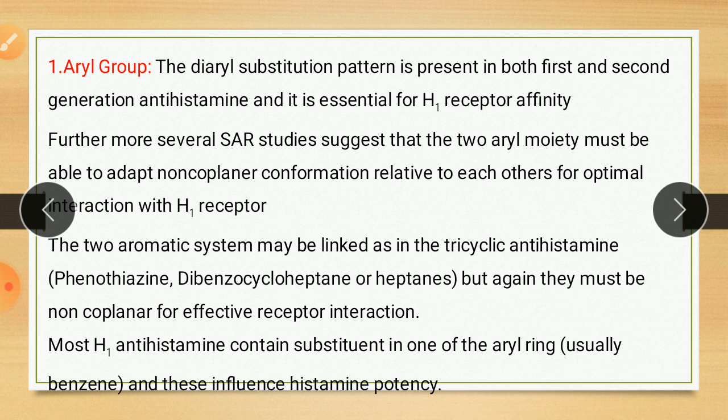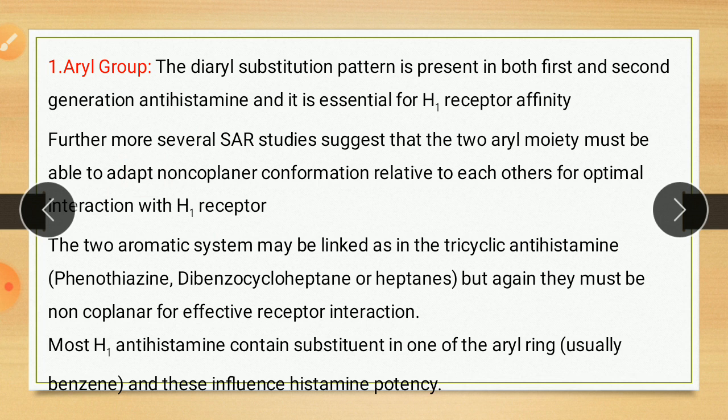So it is an important point. These two aromatic rings should be non-coplanar relative to each other for optimal interaction with the H1 receptor. So in order to bind with the H1 receptor, it is important that these two aromatic rings should be non-coplanar.